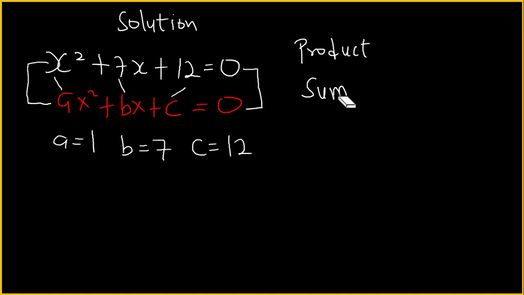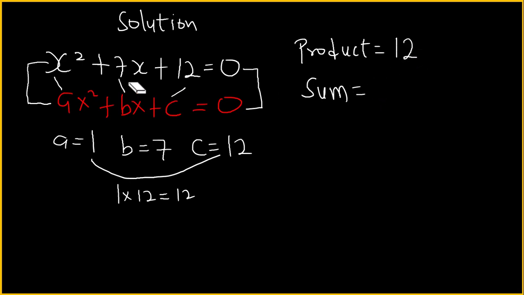So with the product, the coefficient of x squared, which is a, that's 1, is multiplied by the constant term c, which is 12. So 1 by 12 for our product, and our result is 12.